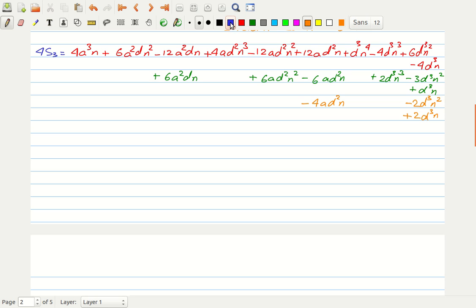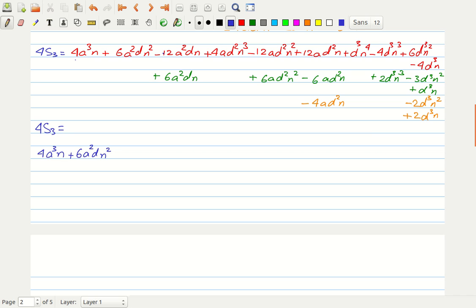So this means that we have 4 times s3 equal to 4a cube n, so we get 4 times a cube n plus 6a square d n square plus 6a square d n square.